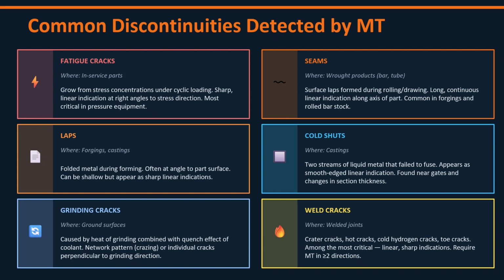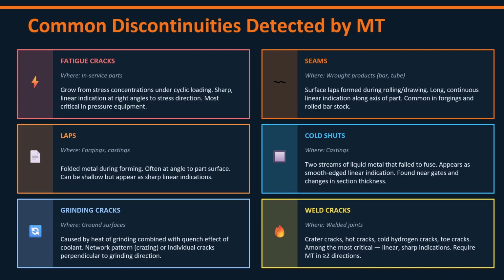Understanding common discontinuities helps the inspector interpret an MT pattern in context. Fatigue cracks are service-induced cracks associated with cyclic loading and stress concentration. They are often sharp and linear and can be highly significant on pressure equipment, shafts, and other cyclically loaded components.